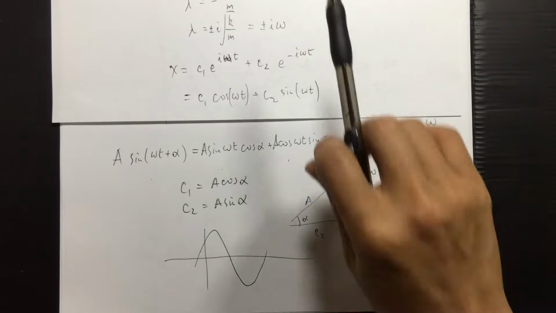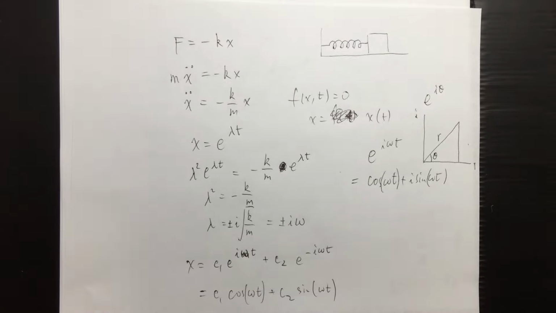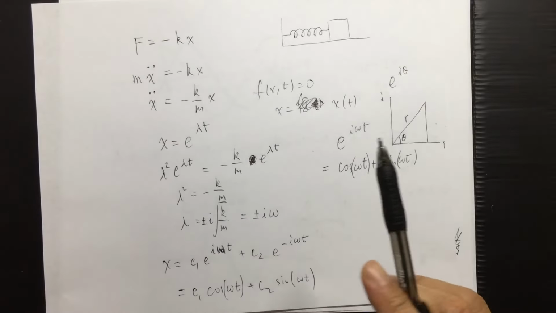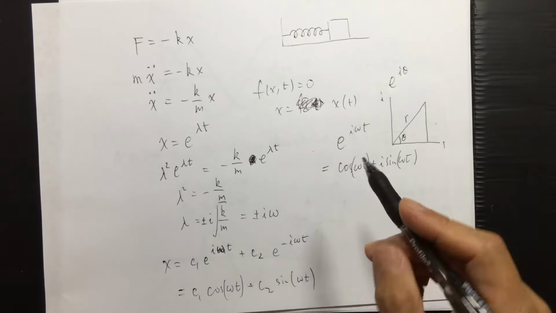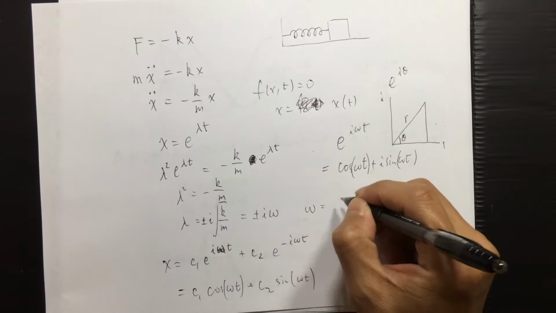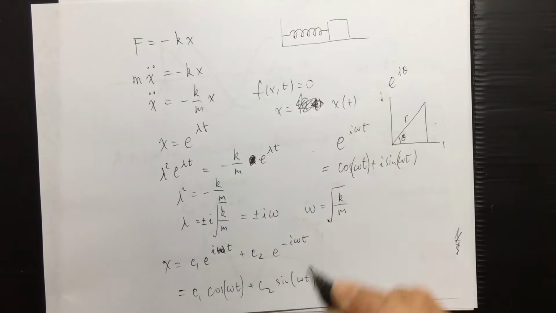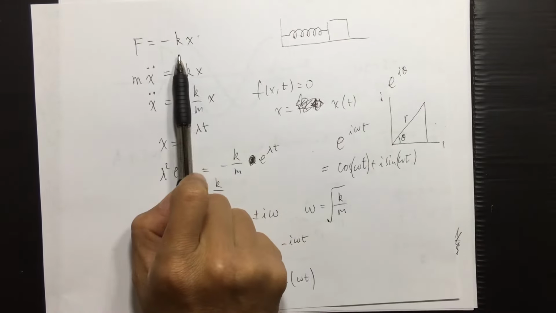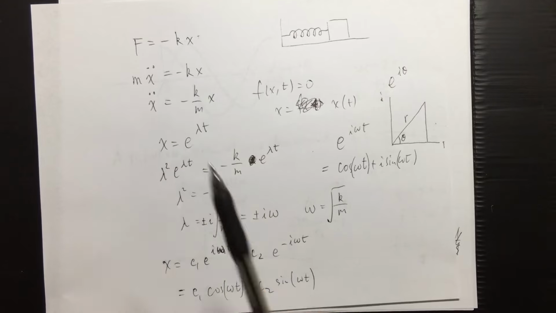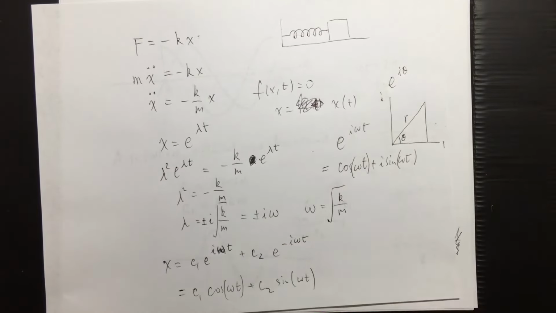And this frequency has something to do with, look at this, omega equals the square root of K divided by M. It matters how strong the spring is, and also how much mass you attach to it.